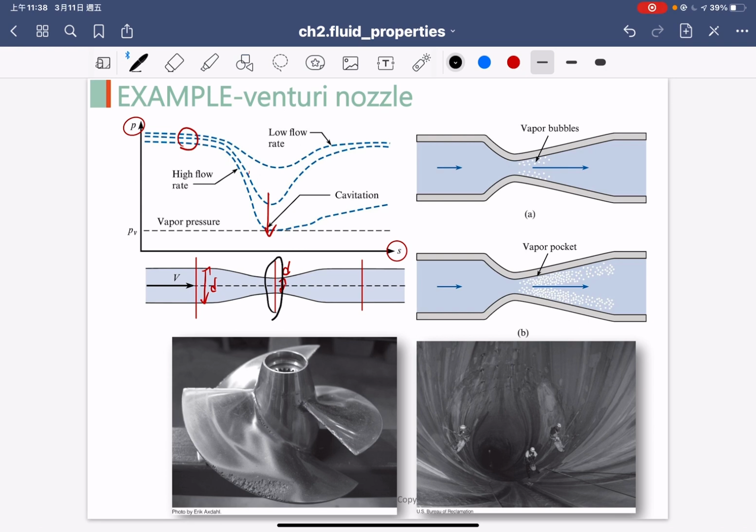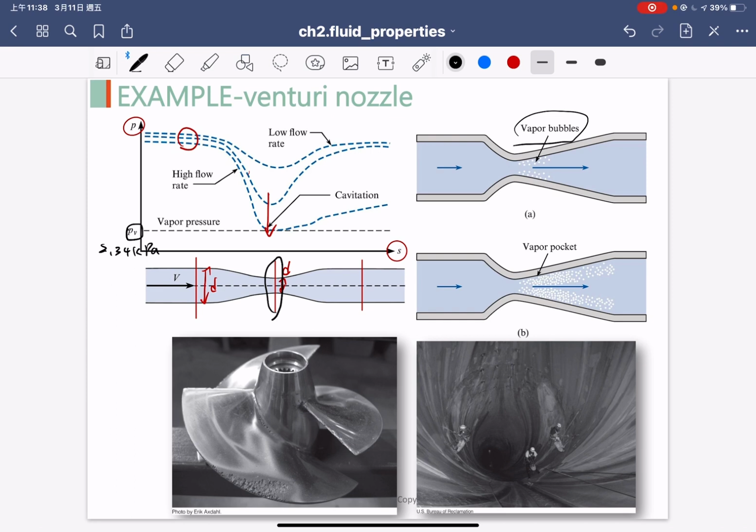If the pressure decreases below the dash line showing here, and the dash line is, I said, 2.34 kilopascal, if it goes lower, the liquid will become a vapor bubble.